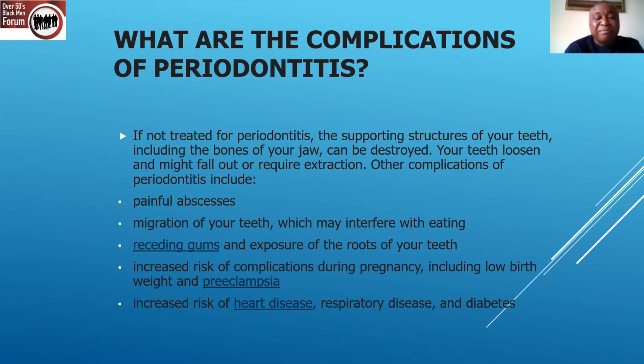There's also an increased risk of complications during pregnancy, including low birth weight and preeclampsia. There's increased risk of heart disease, pulmonary respiratory disease, and diabetes as well. Next slide, please.